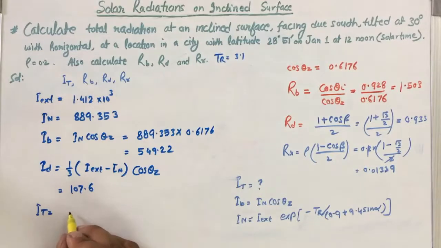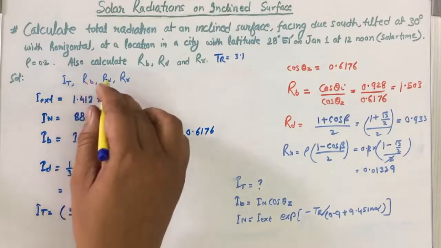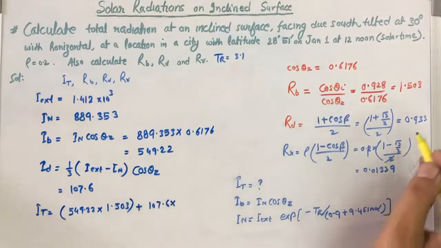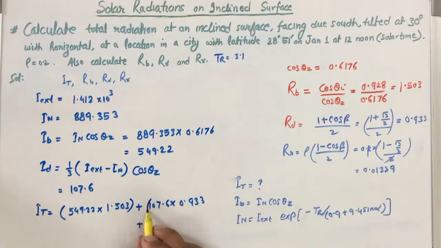By putting IB, that is 549.22 times RB. RB is known here, 1.503, plus ID is 107.6 times RD, which is 0.933, plus the sum of these two, that is, if you do the addition of these two, you will get 656.82.